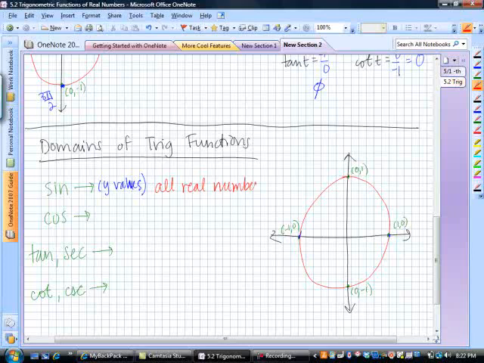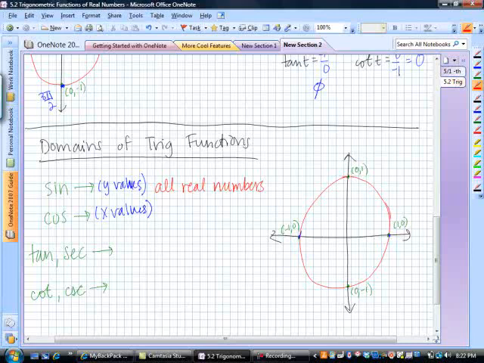Because there's no time that the y value is undefined. The y value is always defined. Likewise, remember, cosine is your x values. As you move around the unit circle, you see that your x value starts at 1.